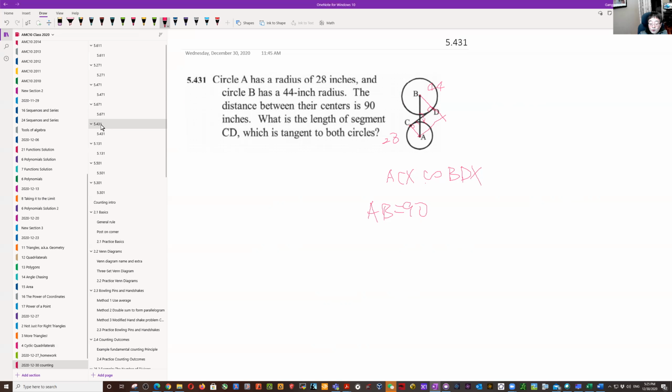This translates the 28 from this radius to this side. AB is still 90, and because it's a rectangle, we create a bigger right triangle with hypotenuse 90 and one leg equal to 44 plus 28, which is 72. So we're trying to find leg two.